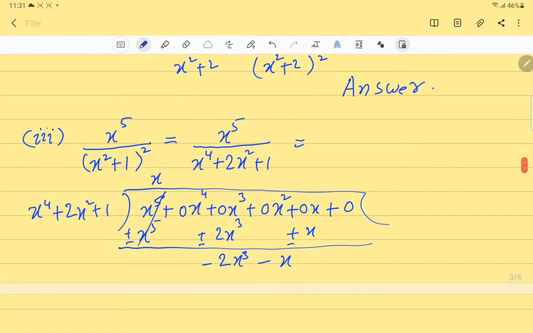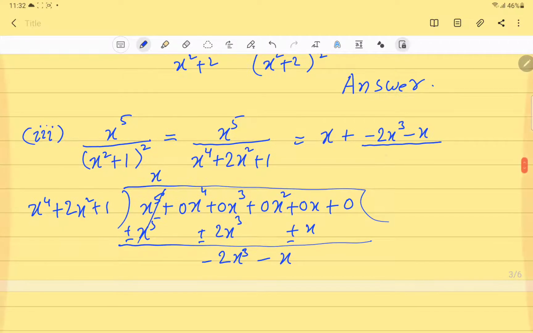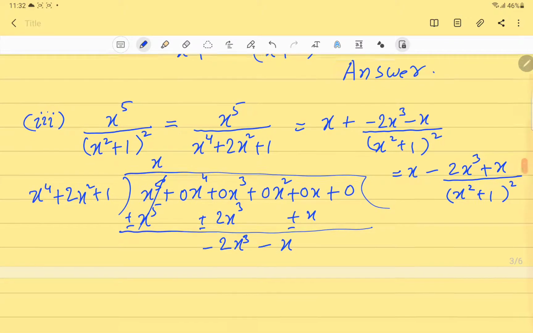So now we can write it like x plus minus 2x cube minus x over (x squared plus 1) whole squared, and that can also be written as x minus (2x cube plus x) over (x squared plus 1) whole squared.